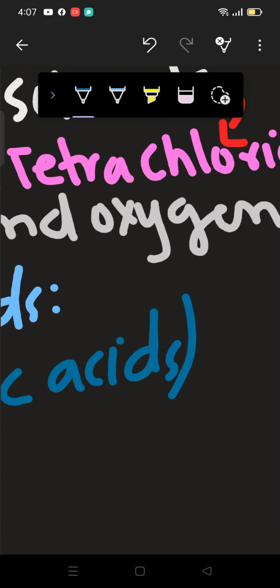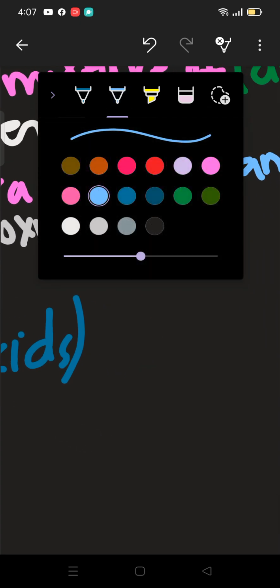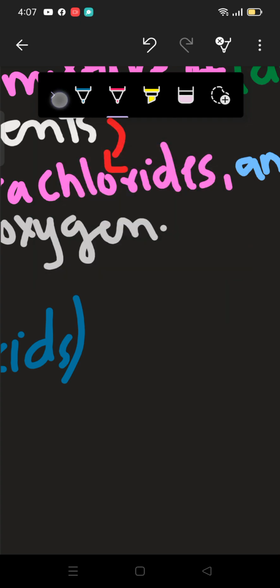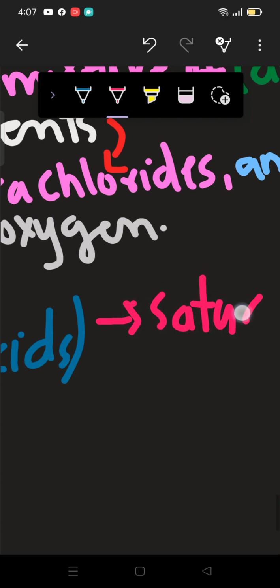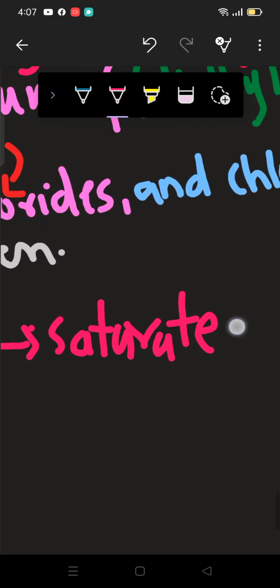Either that should be saturated or unsaturated. Now saturated and unsaturated, let me tell you about that a little bit, so that it can be more clear to you. Let me write here. Saturated, and again we do have unsaturated.